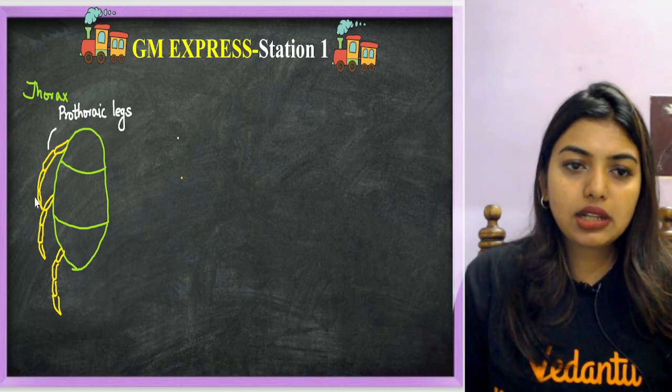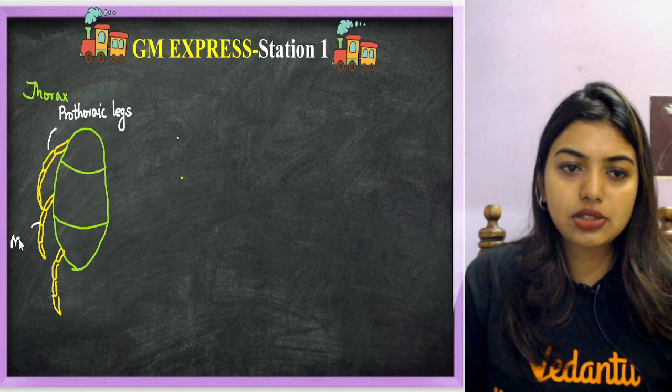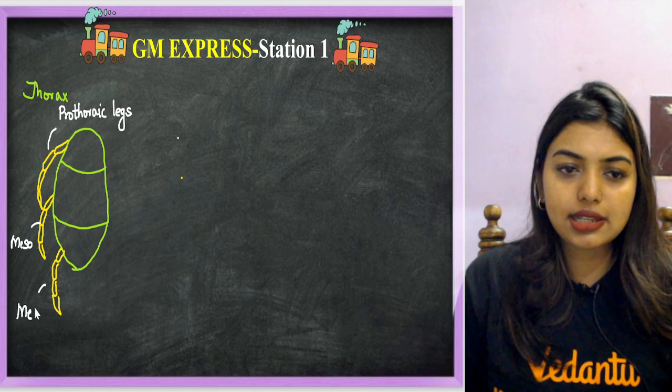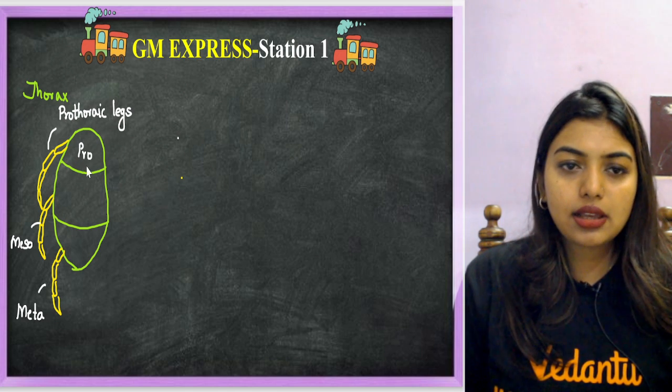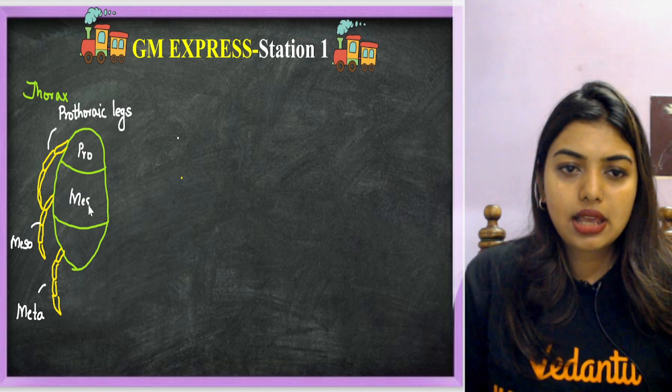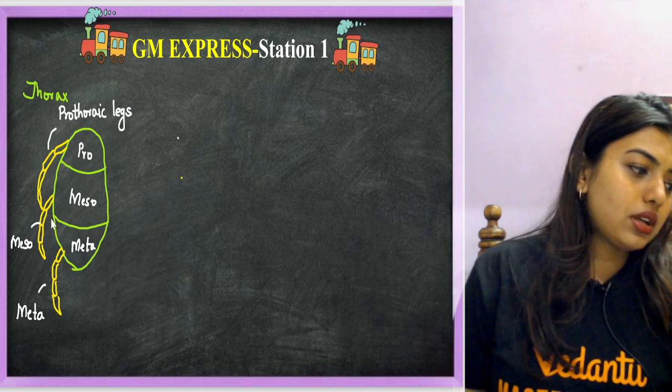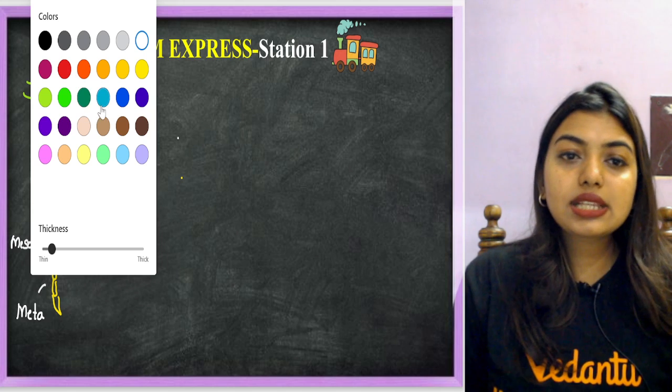The one coming from meso will be called mesothoracic leg. The one coming from meta will be called metathoracic leg. Yes or no? So this is prothorax, this is mesothorax, and this is metathorax. Clear? Now the wings are going to arise, right?